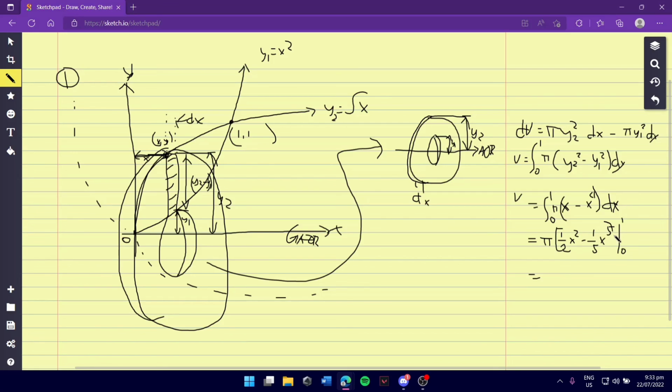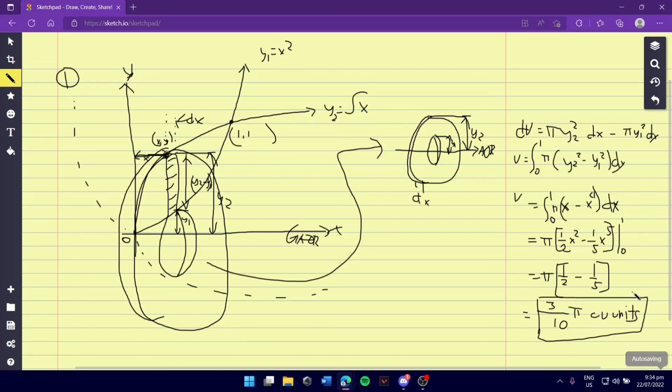Put pi here first and then simplify. Substituting the upper limit, this will become 1/2 minus 1/5. Simplifying further, we have 3/10 pi, and the unit to measure is cubic units. So now this is your final answer.